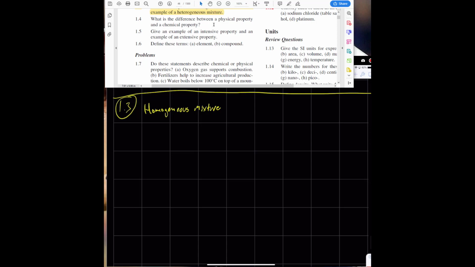That's an example of a homogeneous mixture, because when the salt is dissolved in water, it completely dissolves. There's no more salt that's left over, right? So it would just be straight up salt and water. So table salt plus water.